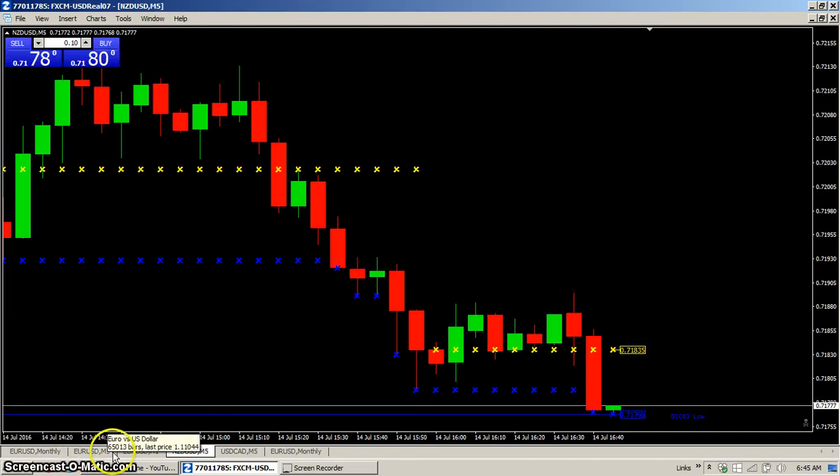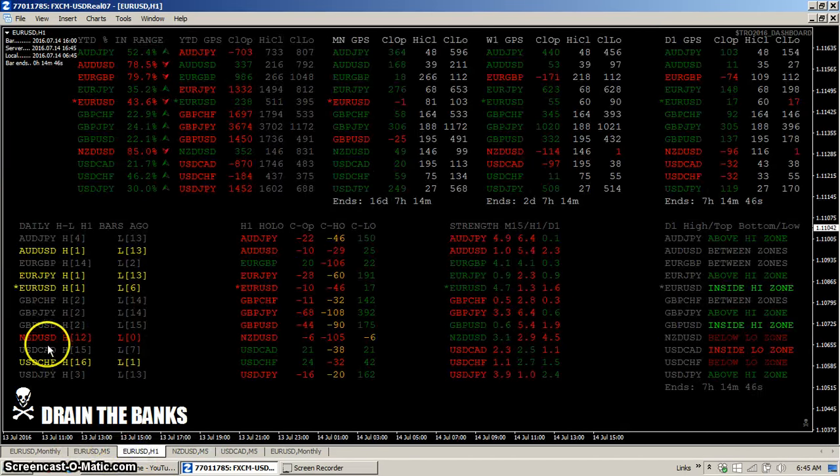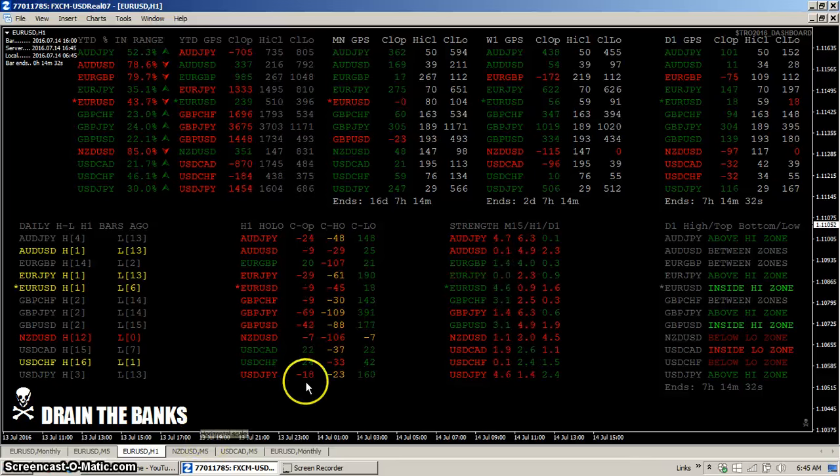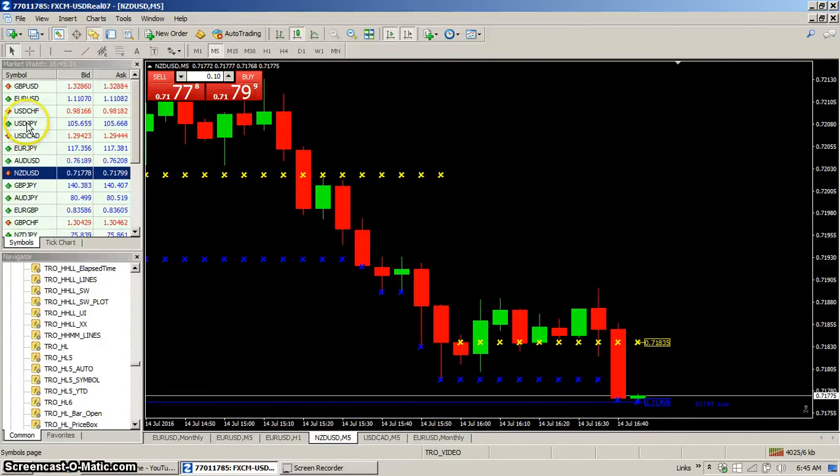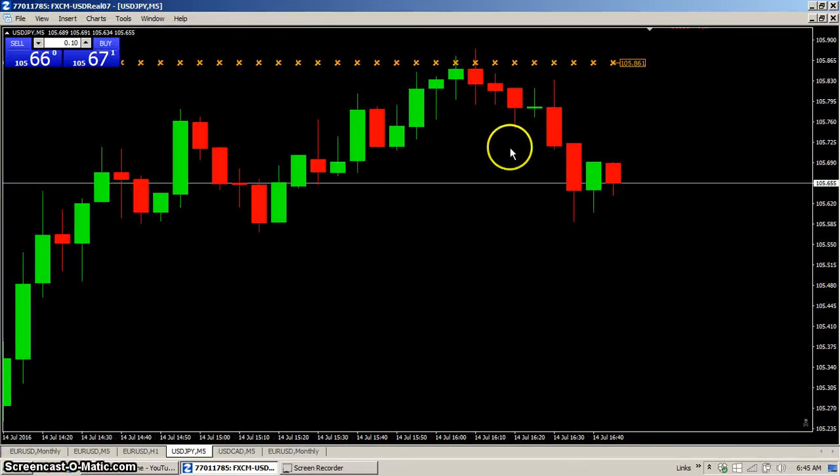Let's go back to the dashboard, and you can see here it's now putting in a new low. And let's see, the USD JPY has fallen 22, 23 pips off the highest open. I remember I had looked at that earlier. Let's take a look at what that looks like.